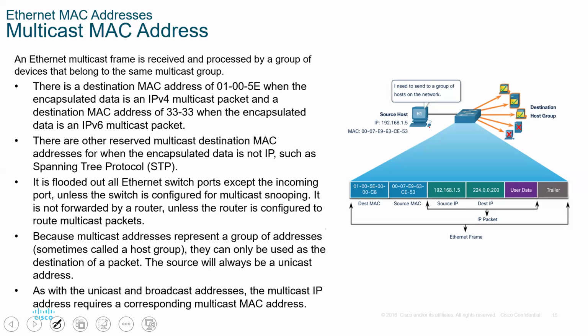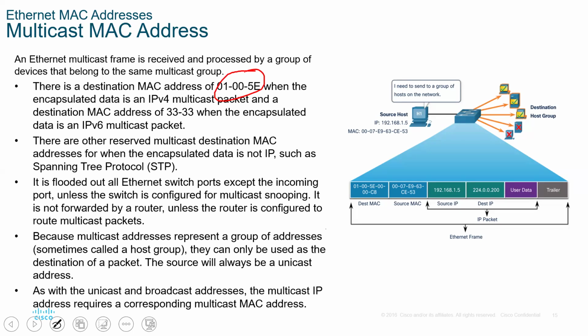So just as we have a MAC address for broadcast, we also have a MAC address for multicast. So the destination MAC address for multicast is 01005E. Once you see that at the beginning of the MAC address, you know that it is a multicast address.